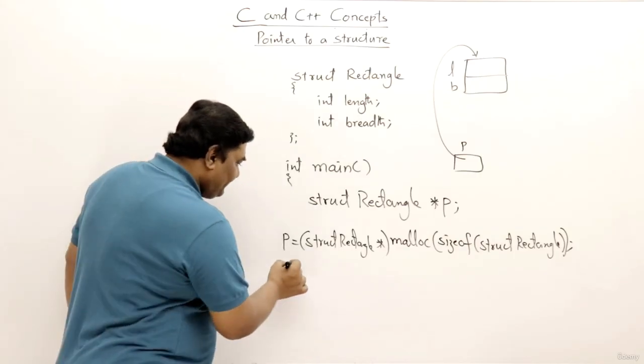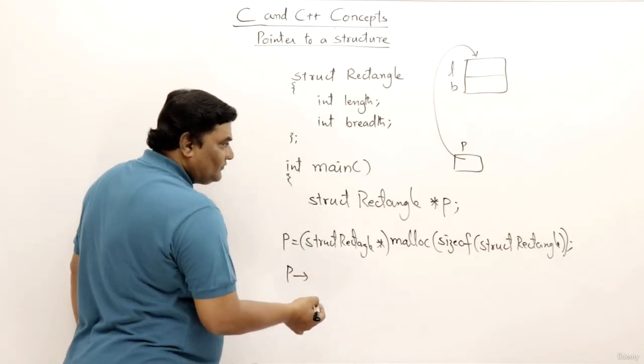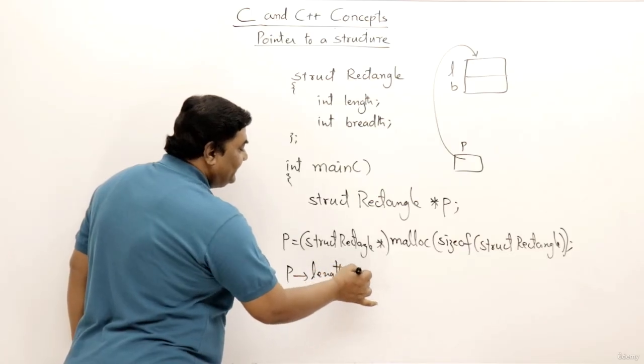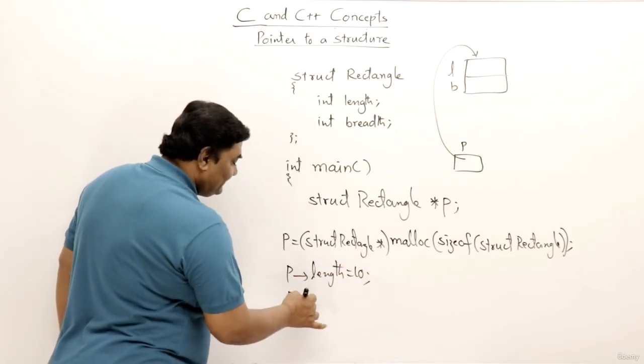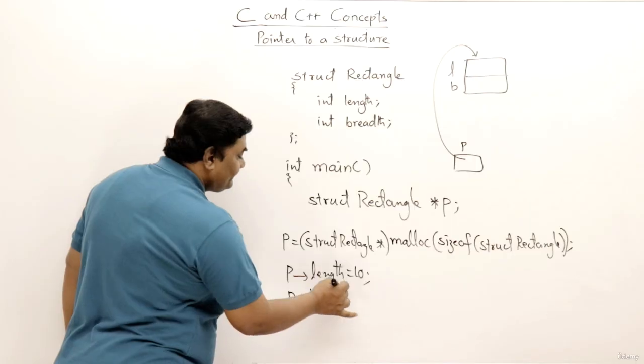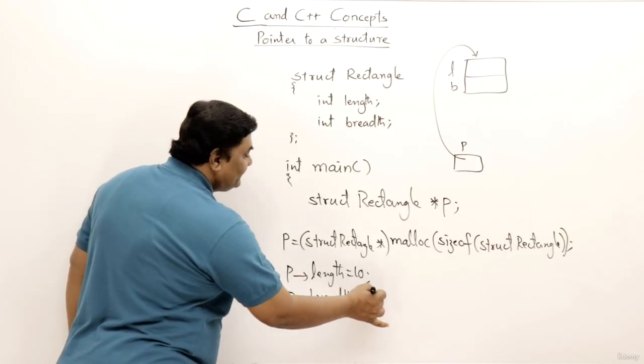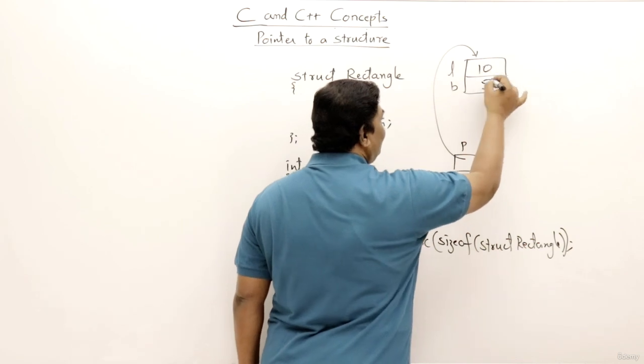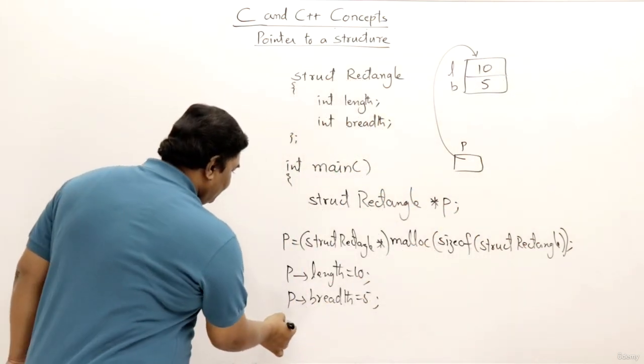Then I want to access the members, so I can use the arrow operator. So p arrow length assign value 10 and p arrow breadth assign value 5. So this is how I can assign length and breadth. So this will be 10 and this will be 5. That's all.